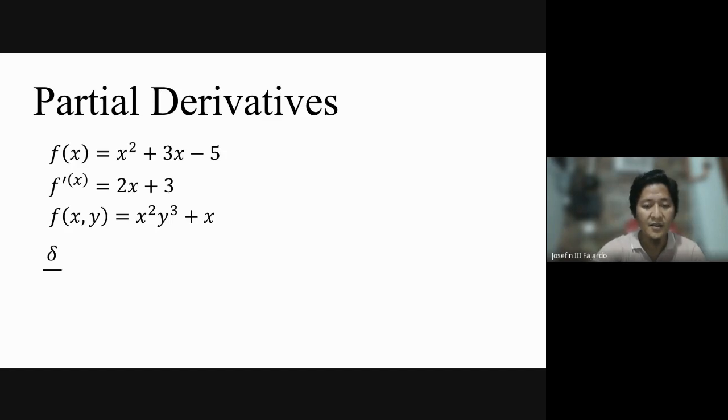And when you see this, it is partial f with respect to the variable below, say, with respect to x. I'm not very comfortable with the symbol.